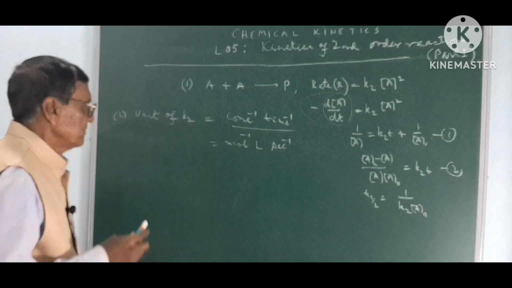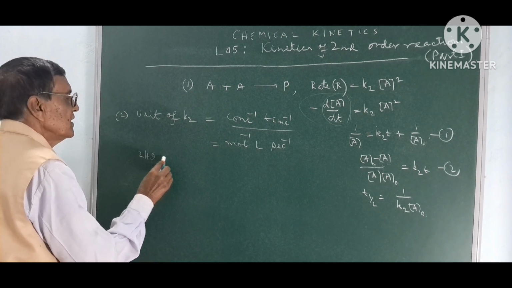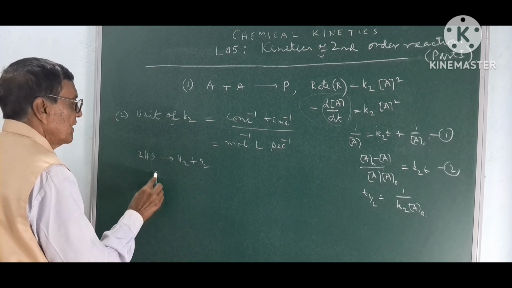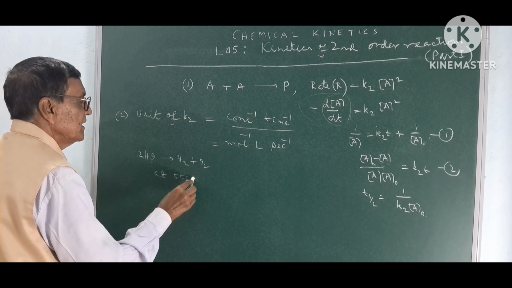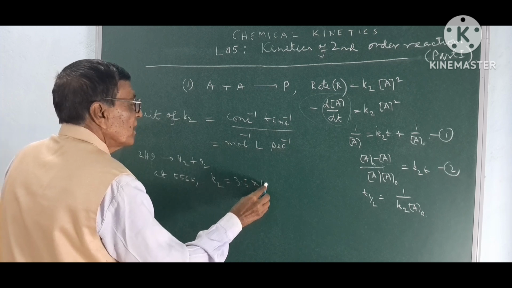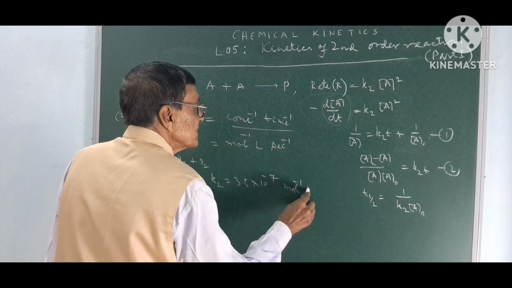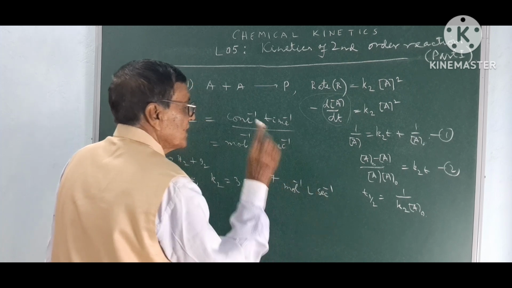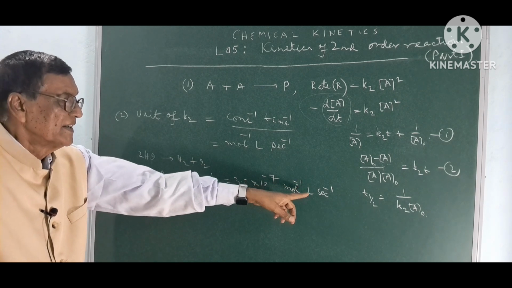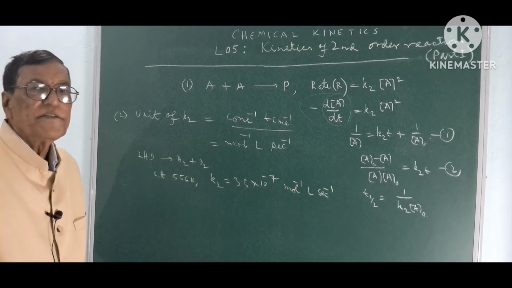One example I can set up: say twice HI decomposing as H2 plus I2, and at 556 Kelvin K2 equals 3.5 into 10 to the power minus 7 mole inverse liter second inverse. If you like to express it in molecule inverse cc second inverse, then this magnitude will be different.